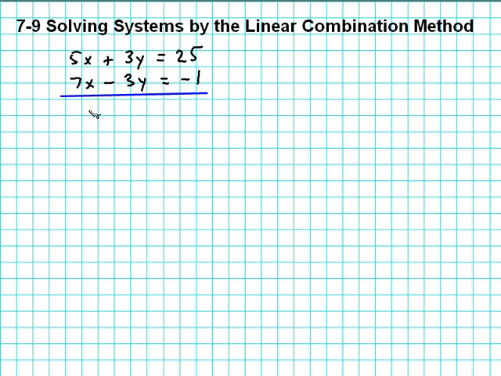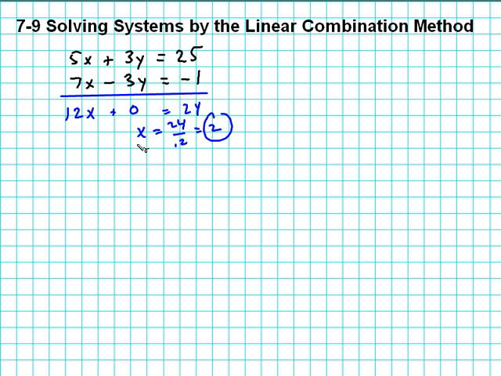Notice, if I just simply add the two equations, 5x plus 7x is 12x, 3y minus 3y goes to 0, and over here 25 minus 1 is 24, and then I get 12x is 24. Divide both sides by 12, and I'd get x is equal to 24 over 12, which is simply equal to 2. Okay, that was pretty straightforward.